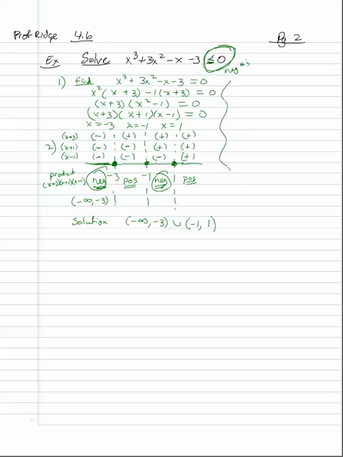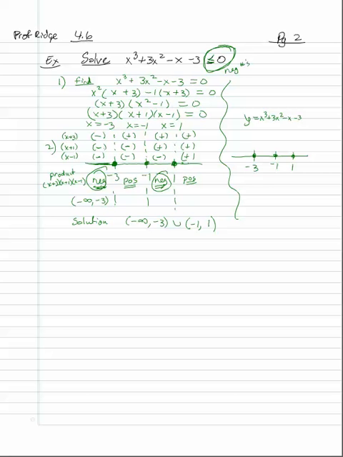Okay? Now let me show you thinking about the graph. Y is x cubed plus 3x squared minus x minus 3. So we got negative 3, negative 1, 1. The zeros are those spots we've found.